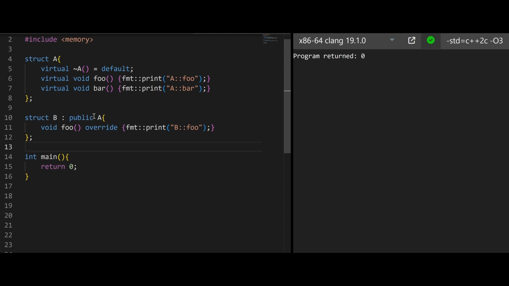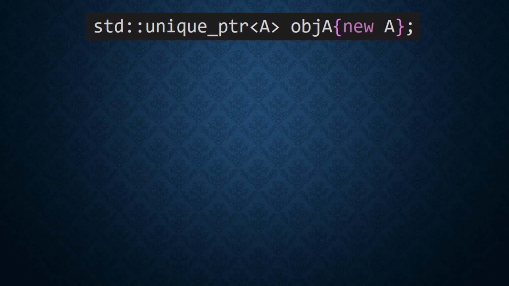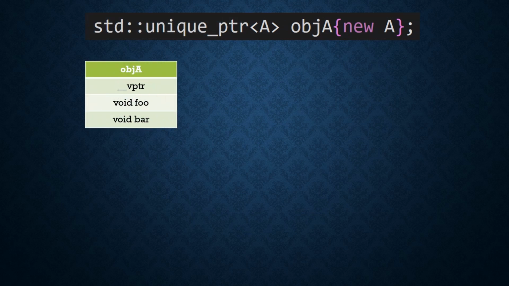So let's dive in and try to understand what happens under the hood. Let's start by looking at what will happen if we want to create an object of type A. This is our base class, and that means we're creating an object of type A. But because we used the virtual keyword, the compiler will add a virtual pointer to the object. It is hidden from us, but it is there because we have used virtual.